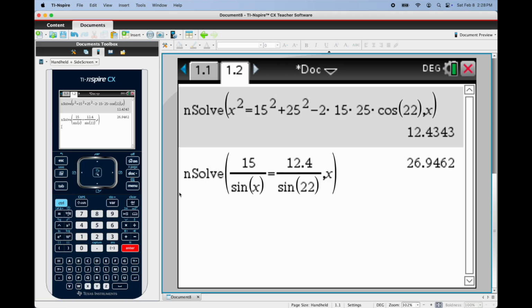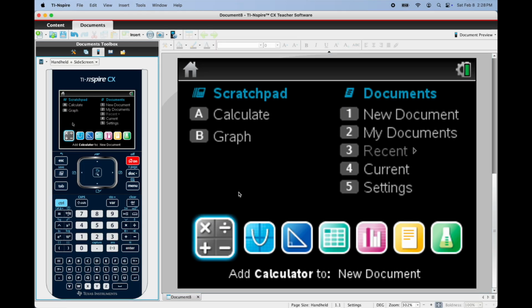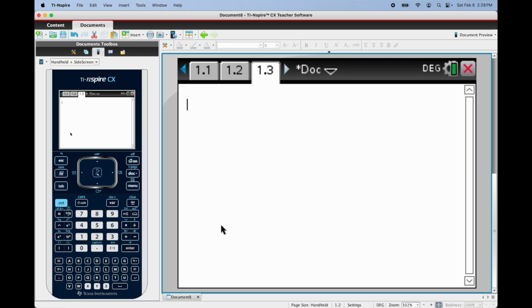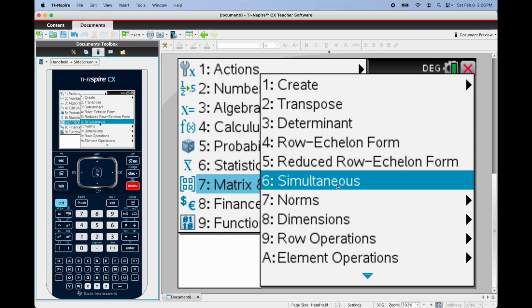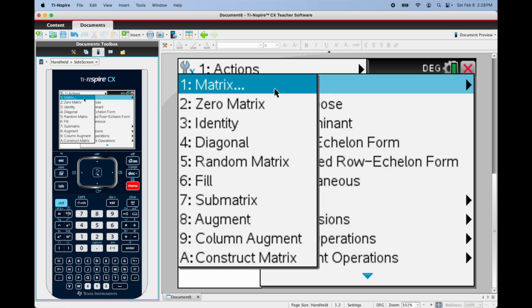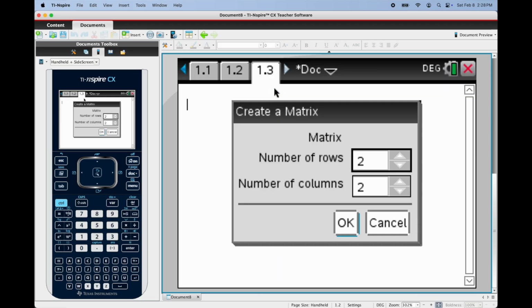So let's head back to the calculator here. Let's go Menu, Matrix. We're going to create a matrix. If we look at this, there's no totals or anything like that. It's a 3x3 matrix. So there are 3 rows, and there are 3 columns.